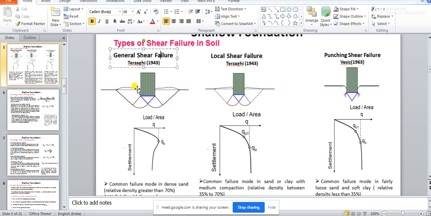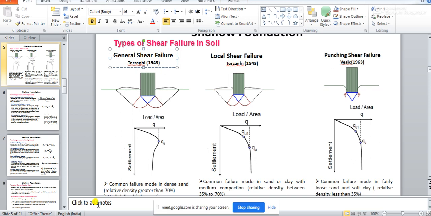The soil mass just gets attached to the foundation. When the foundation tries to come down along with this mass, the other portion of the soil mass gets compressed, and you get another prominent zone. On both sides of this wedge you get two prominent zones. Can you observe this? One is this zone and another one is this zone.